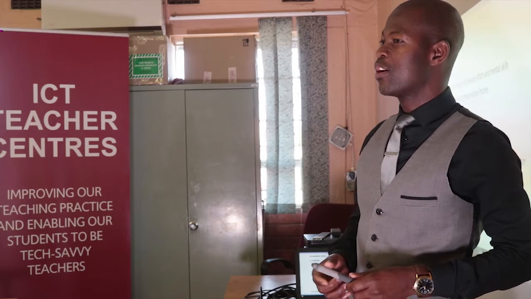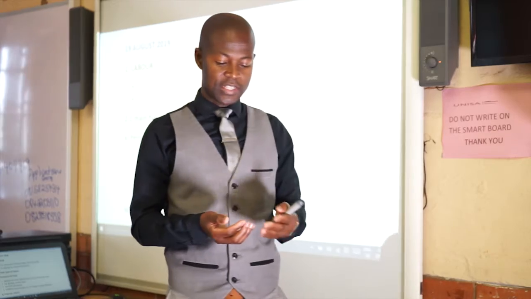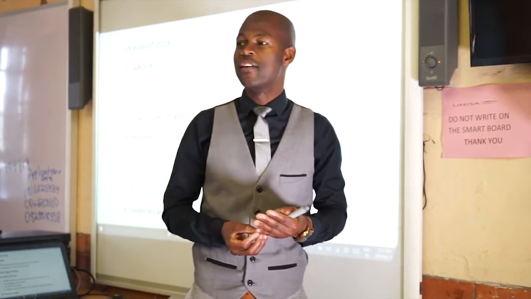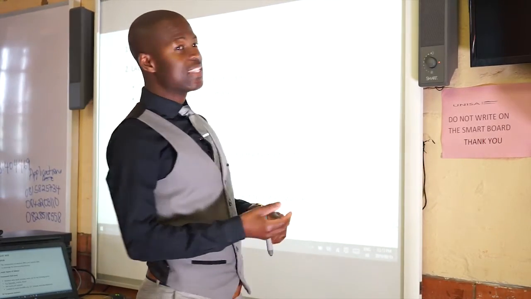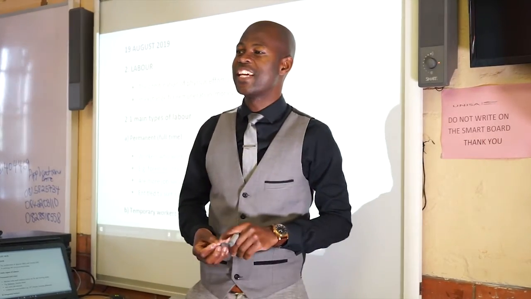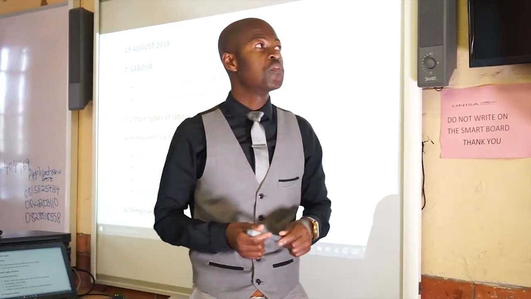For cash. Because no one wants to work for free. So we work in order to get money. So in agriculture, we classify labor into main types of labor. There are differences between what we call the main types of labor and the classification of labor, or classes of labor. So it's something that we need not to confuse.